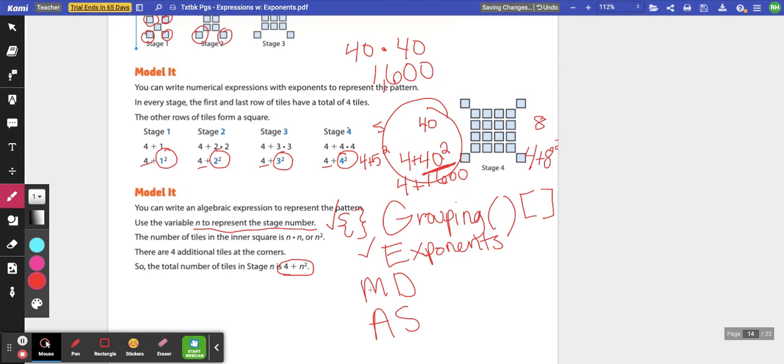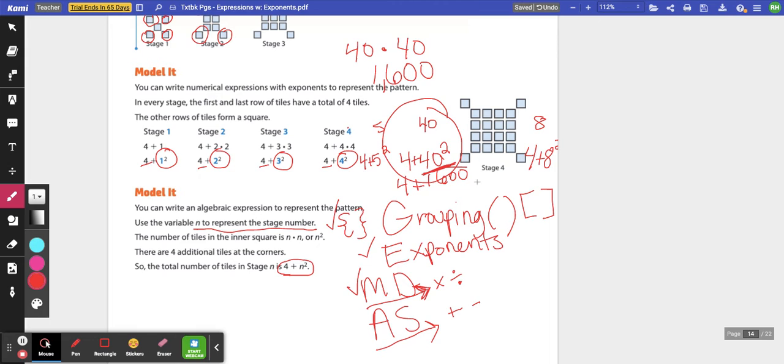Now we can move on to any multiplication or division. And we solve from left to right. So you don't always do multiplication first. It's multiplication and division on the same step, whichever one you get to first from left to right. Well, in this case, look at our expression up here, 4 plus 1600. I don't have any multiplication or division, so I can move on to my last step, which is addition and subtraction from left to right, whichever I get to first.